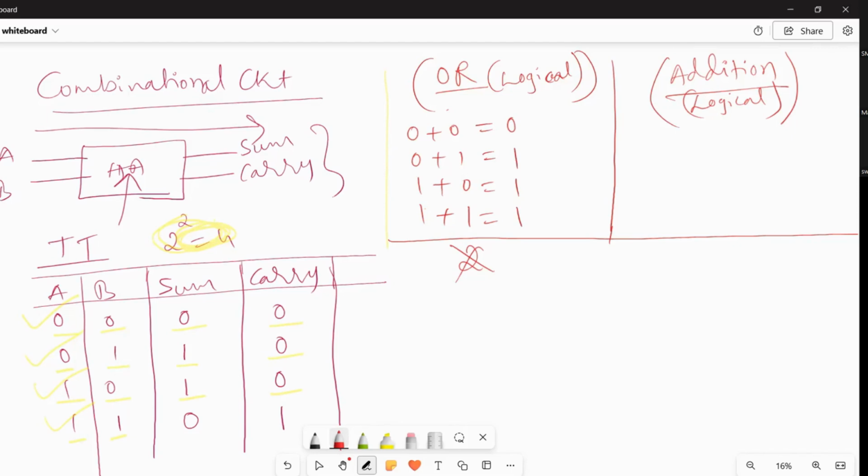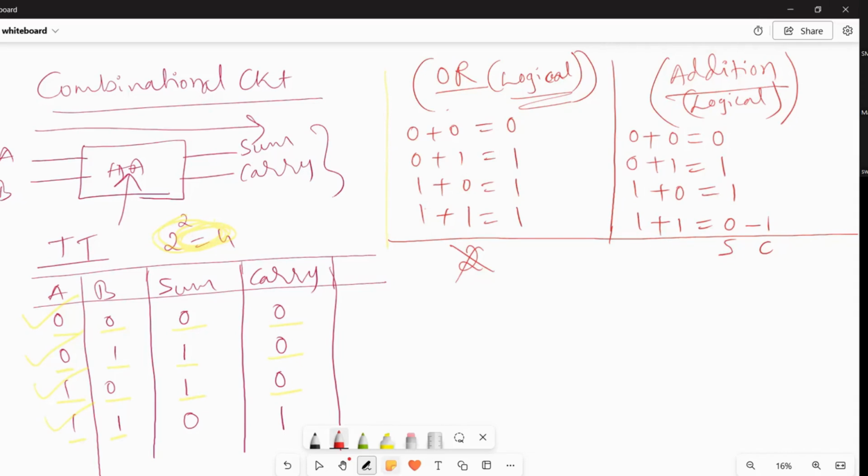Similarly, when you perform logical addition, 0 plus 0 is 0, 0 plus 1 is 1, 1 plus 0 is 1, and 1 plus 1 is 0 as the sum with carry 1. This is the answer.